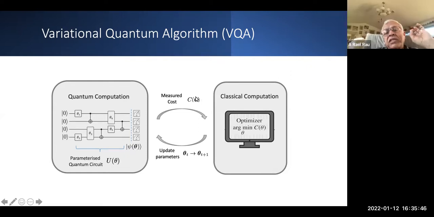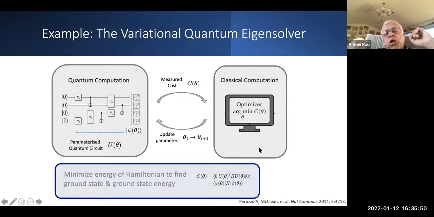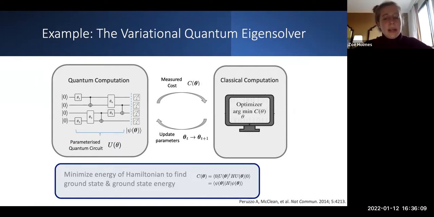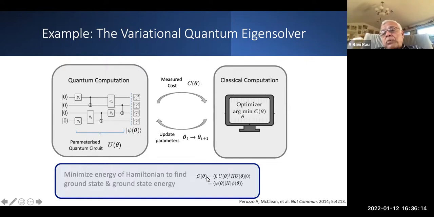Yes, but I'm saying that you can make all kinds of choices of C of theta, and each one of them will give you a different result for the thetas and the U of thetas and the psi of theta. For instance, if I built a C of theta which is not quadratic in U, say it's linear in U. That would be hard to do here, but that's also a possibility.